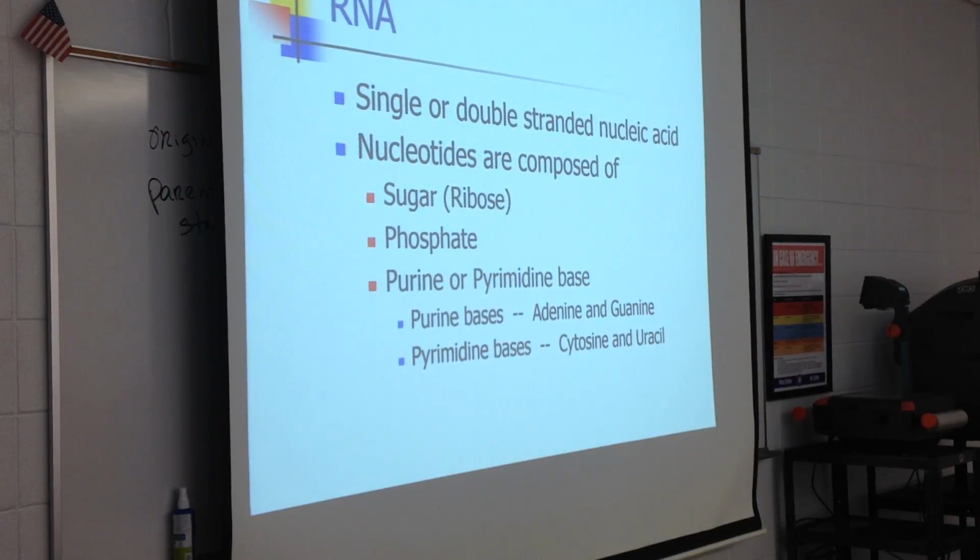Now, three of the bases are exactly the same as ones we saw in DNA. So, for example, we have adenine, cytosine, and guanine. They are back to visit with us again. But there's no thymine this time. Instead, it's uracil. So rather than having thymine, we substitute in a related pyrimidine base, uracil.